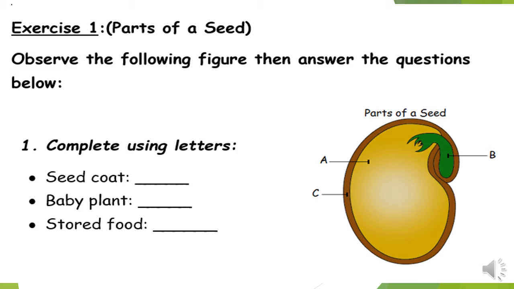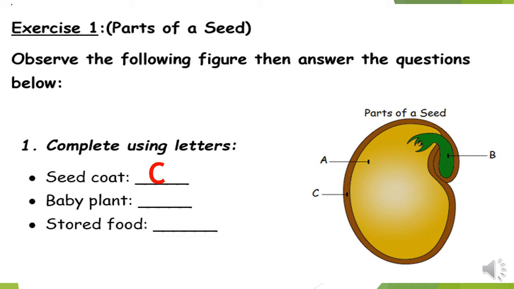So which one is the seed coat? Look well, the seed coat, as you know, covers the seed. So it's found outside of this seed. So which letter? C. Excellent, guys. So I have to write letter C. Now, which part is the baby plant? Baby plant is the small plant that later will grow into a big plant.